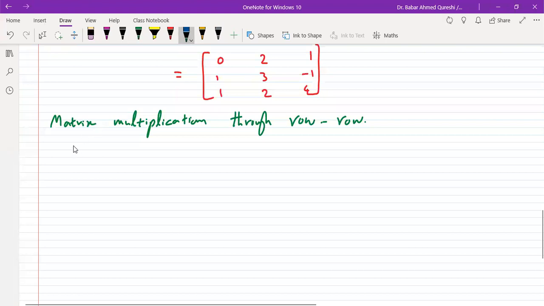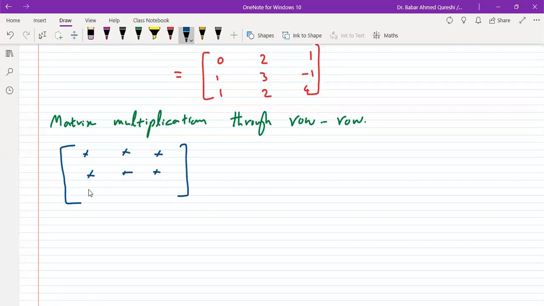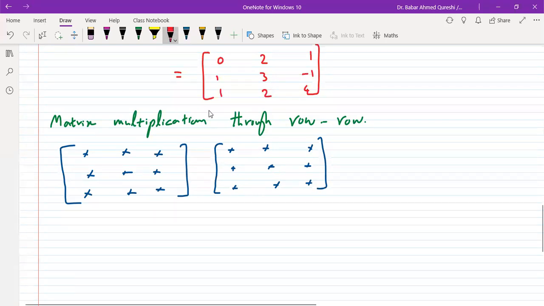If you have a matrix over here, and multiplying with another matrix, you think of both of them as composed of rows.